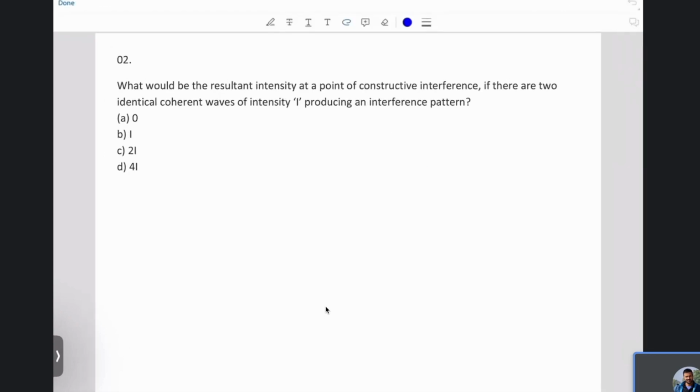So the intensity is I, and they are doing constructive interference, so we need to find the resultant intensity.